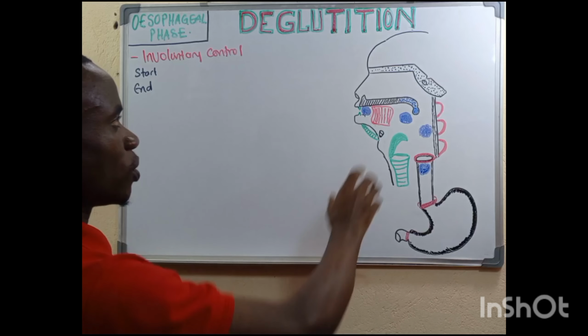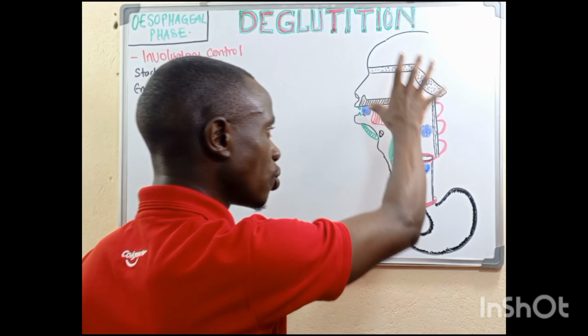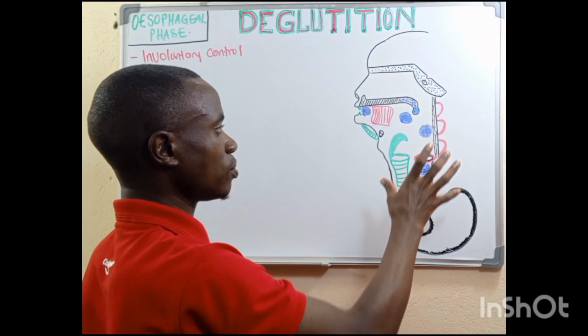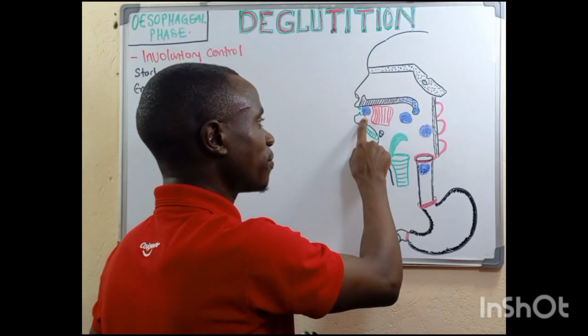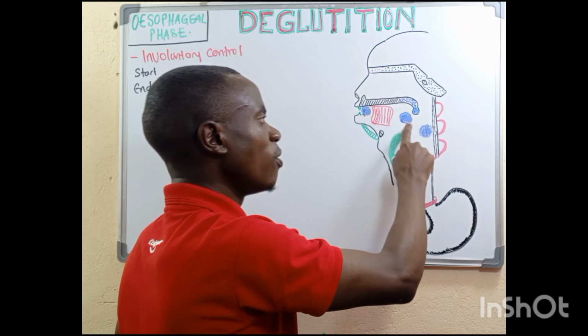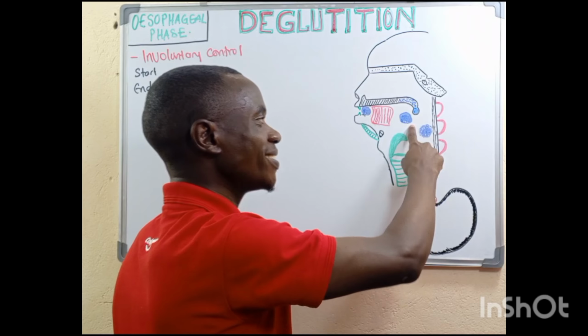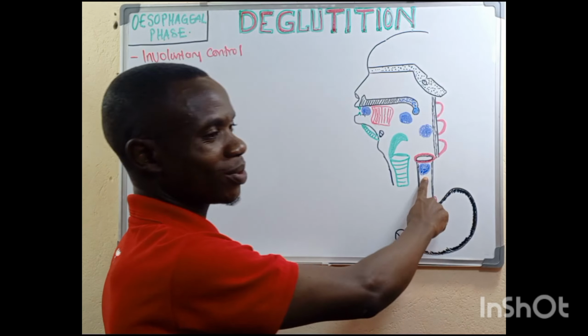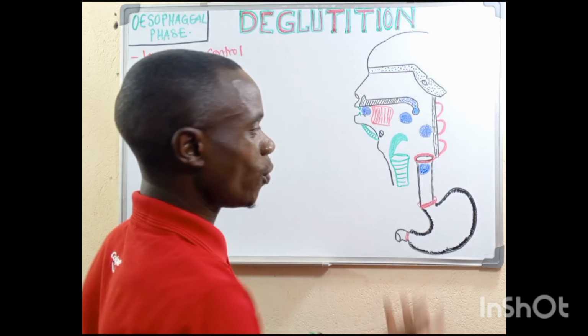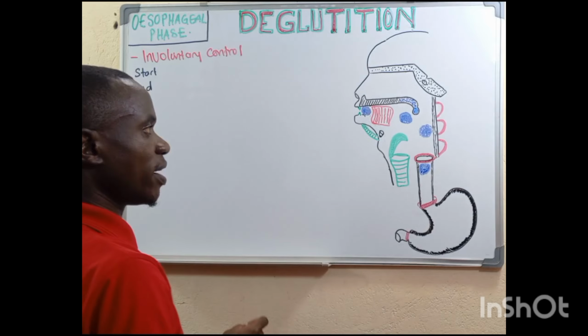This is the diagram showing all the phases of deglutition. We started from here as the oral phase. We moved here to the pharyngeal phase. Now our bolus is in the esophagus, and that's why we are explaining the esophageal phase.